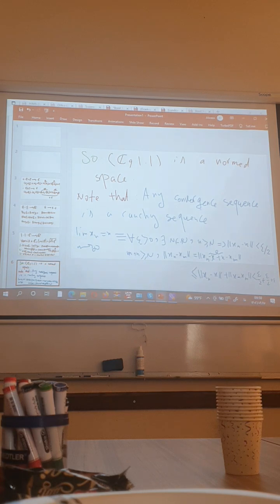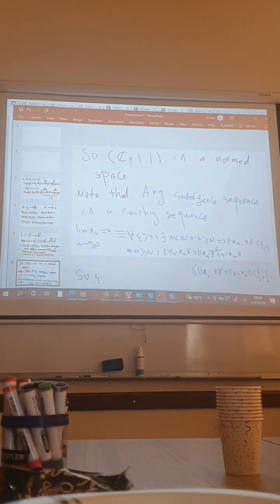Any convergent sequence is a Cauchy sequence. So xn is a Cauchy sequence.